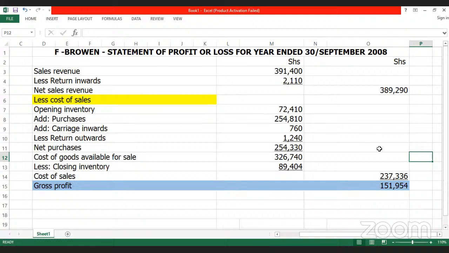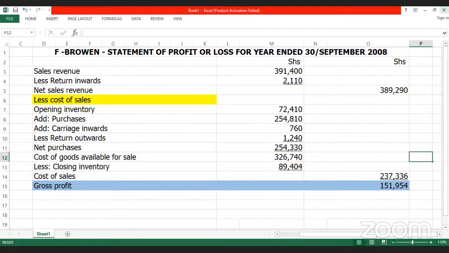Do we have those incomes? We have rent only. We want rent received, not rent. That is an expense. We need rent received.